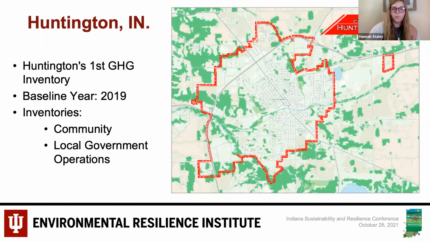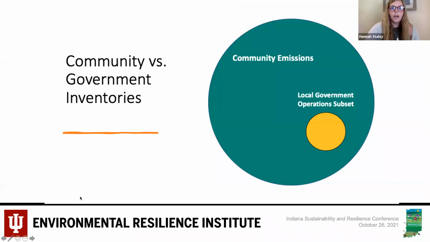So within that red border. And then local government operations is all of the emissions that the local government was responsible for in 2019 within that community. So you can go to the next slide just to give you a better idea, because this can get a little confusing.